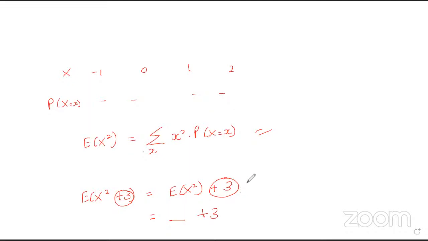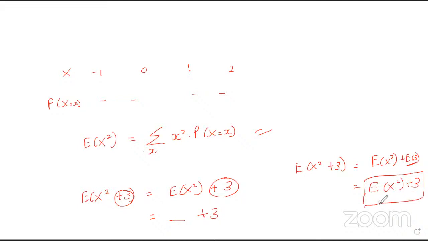It's not (a plus b) whole squared, it's x squared plus 3. You can simply write it as the expected value of x squared plus the expected value of 3, and we know the expected value of a constant is the same constant, 3. So another approach is to compute the expected value of x squared and then plug in the values here.